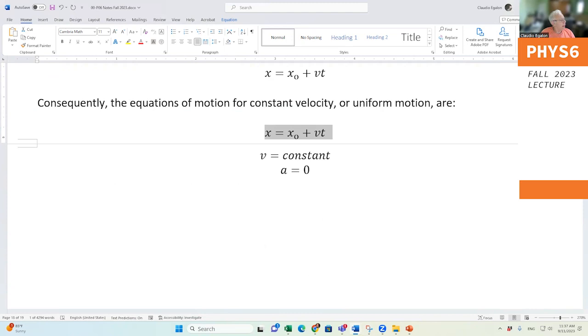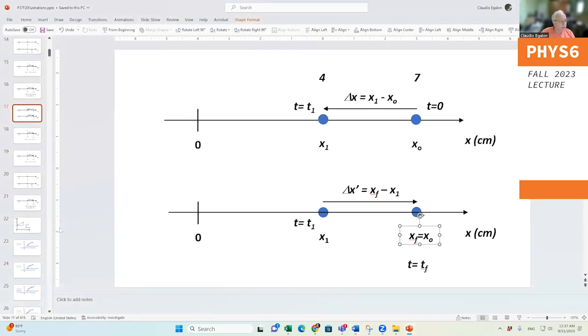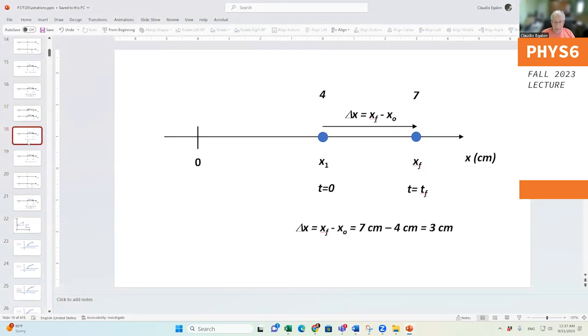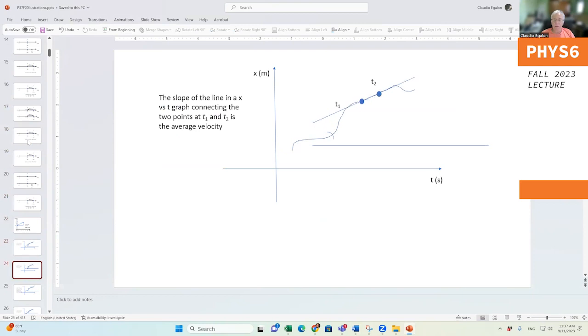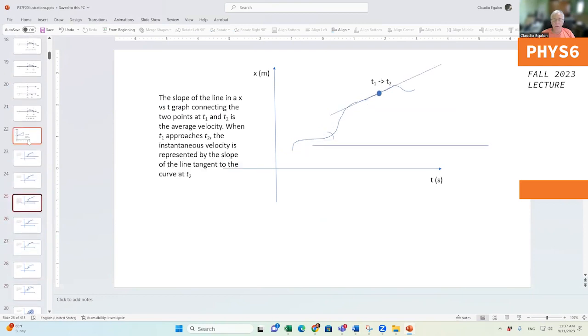Let's analyze it. Let's see if I have a slide for that. Okay, here you go. Here we have a case of x versus t, right? You can see clearly that this curve is not representing uniform motion because it's not a straight line.